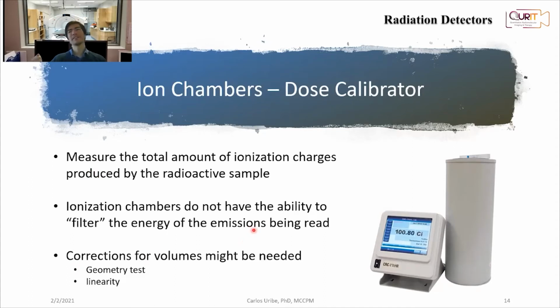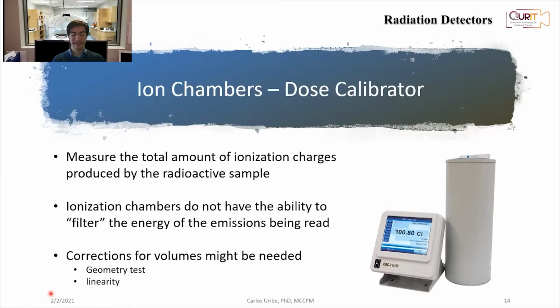Now, another thing you can think is, because of the geometry of this chamber, if we put too much volume or too little volume, it might affect the number of ionizations that you get for the same amount of activity. So we do several corrections. We correct volumes by doing what we call the geometry test, and the linearity. Also, because of the way we're converting current to activity, we're making it linear, basically.